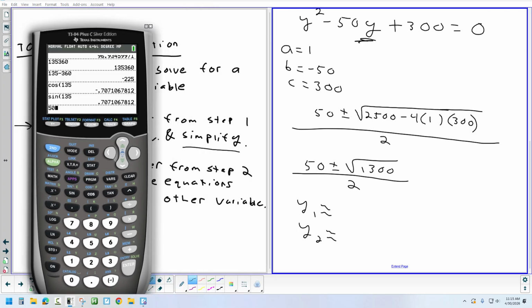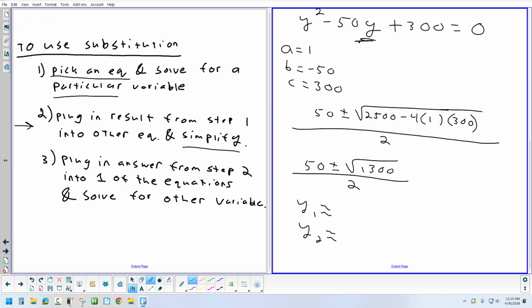And it's going to be 50 plus the square root of 1,300. Okay, that's the top. And then divide by 2. So 43.028. If we're using our calculators, should we put that in and save it so it's an exact number?